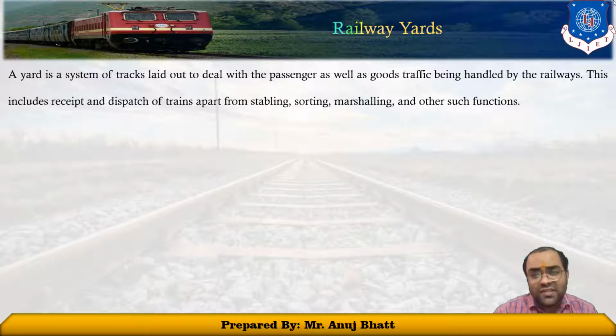A yard is a system of tracks laid out to deal with the passengers as well as the goods being handled by the railways. This includes receipt and dispatch of the trains, apart from stabling, sorting, marshalling and any other functions.